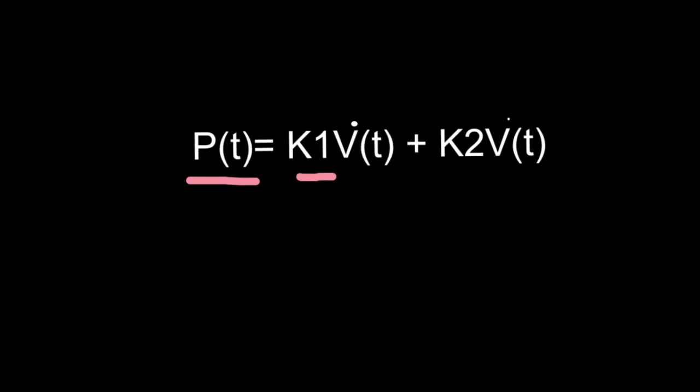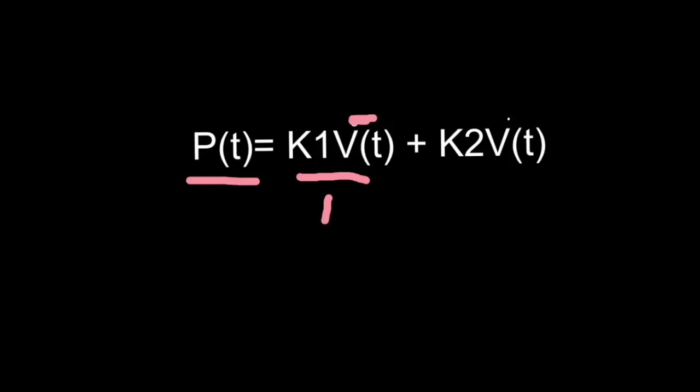K1 is the volume assist, or the elastic load generated by the patient. Now this is multiplied by the volume generated over time. So this is an error, this little dot here, we're just going to scratch it out.